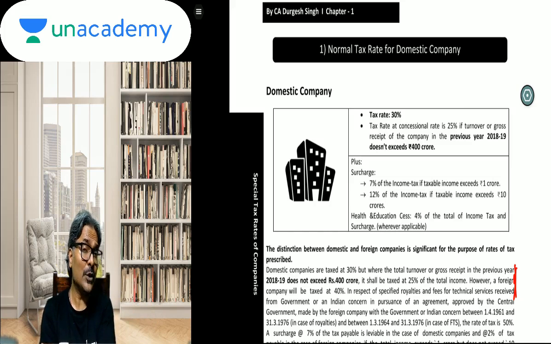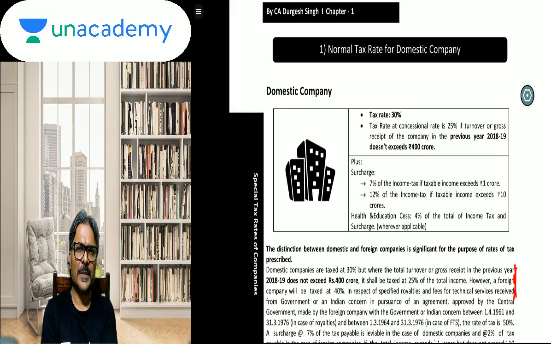Secondly, students, when the question comes in the examination, you have to be very careful. When the question targets the computation of the tax liability, they expect you to calculate the tax liability, and if they give you any hint of the turnover, for example the turnover is 390 lakhs, then you have to know that they are talking about this particular aspect.